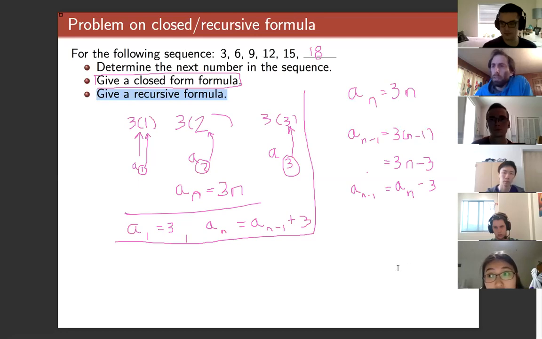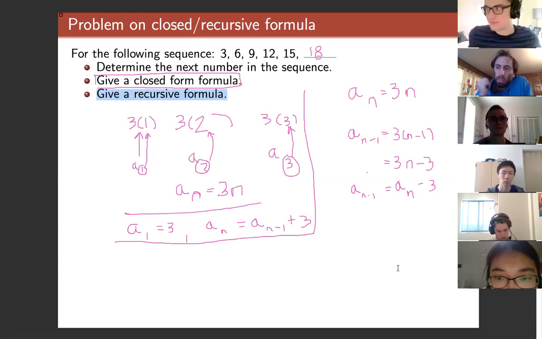Question, go ahead. Oh, yes, I have a question. Can we just use an minus 1 and we can get the same formula? Yeah, if you just say that an minus 1 is 3, then you found the relationship. What exactly is your question?